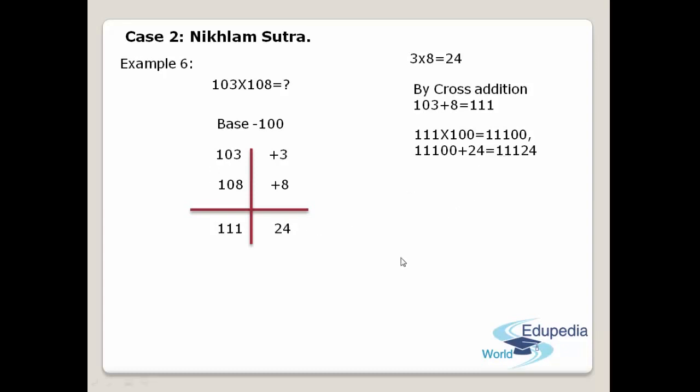So finally you will get 11,124, and hence this is the answer for the product of 103 and 108. So therefore, when you multiply 103 and 108, you will get the product as 11,124. I think you have understood how to use case number 2 Nikhilam Sutra for multiplication of 3-digit numbers also.